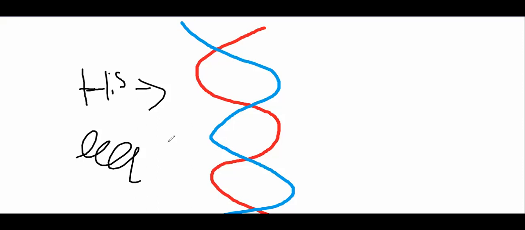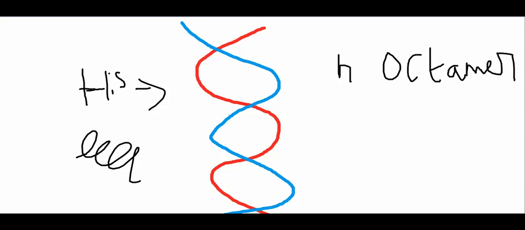The DNA strand winds around a core of 8 histone proteins called a histone octamer. Each such complex is called a nucleosome, which means a DNA strand winds around a core of 8 histone proteins to form a nucleosome.